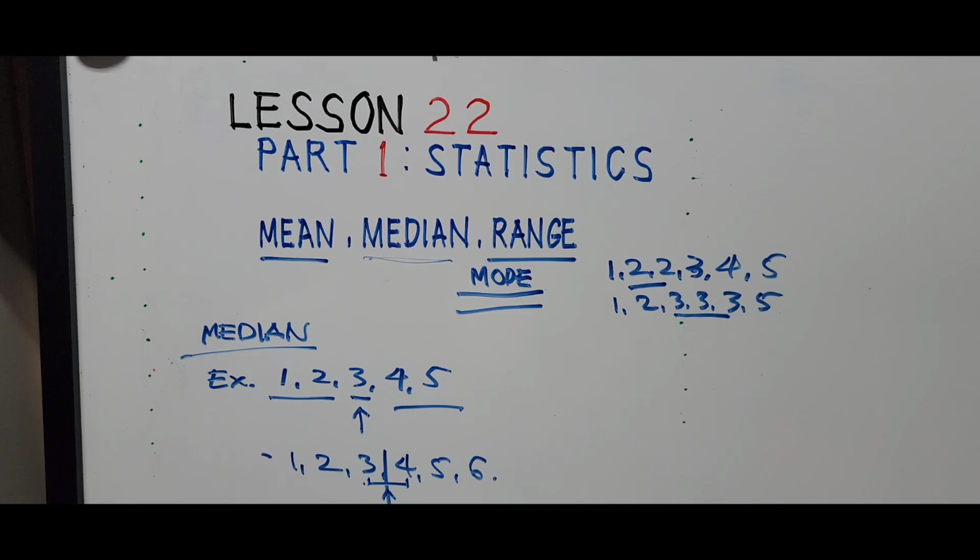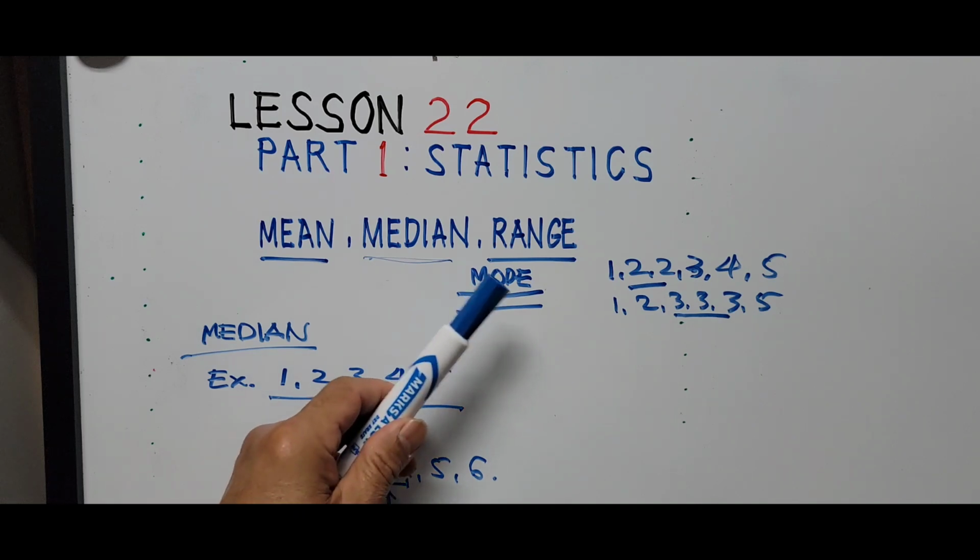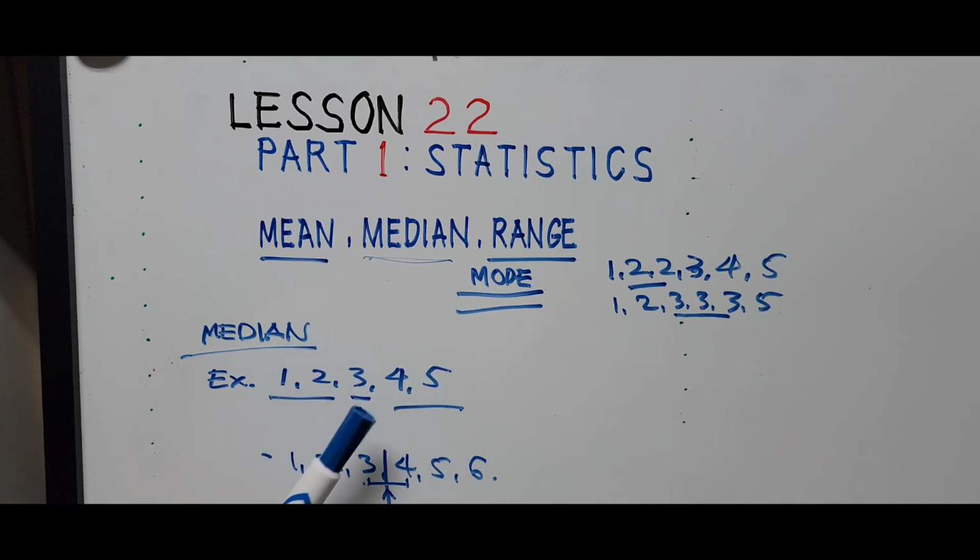So if we take a look at this set of values, 1, 2, 3, 4, 5, the range is the difference between the greatest and the least values. In here, the greatest value is 5, the least value is 1. So the difference, 5 minus 1, is 4, so that's the range.